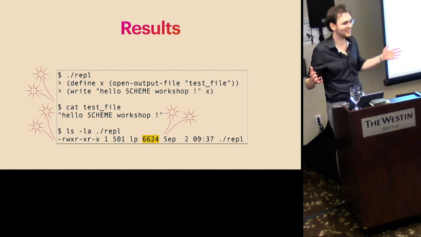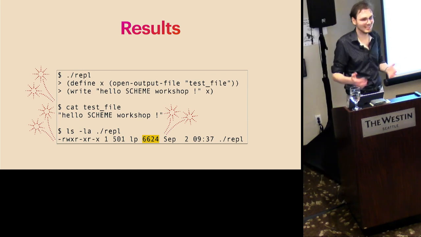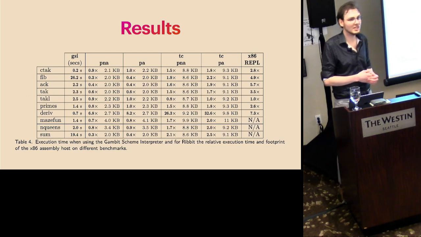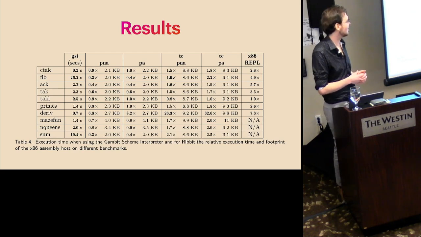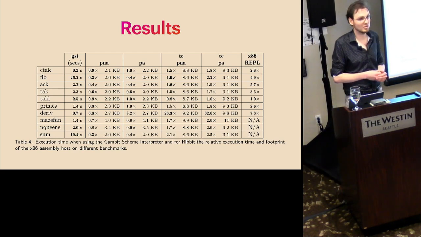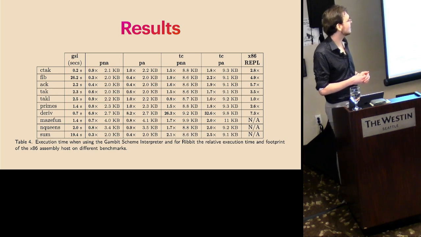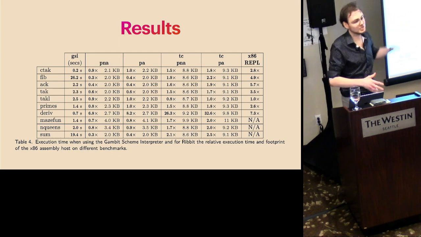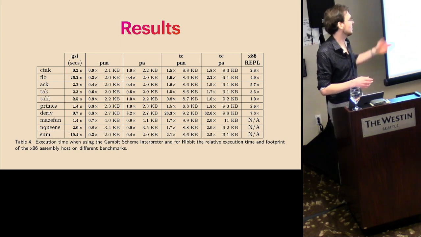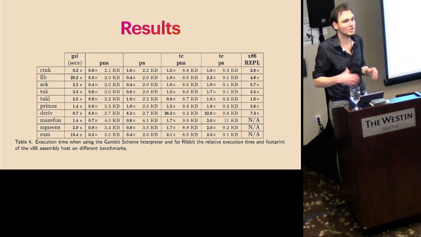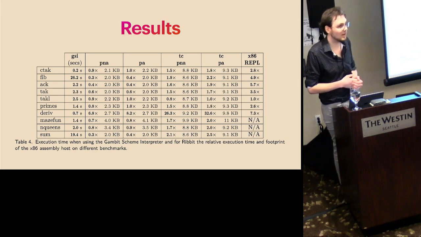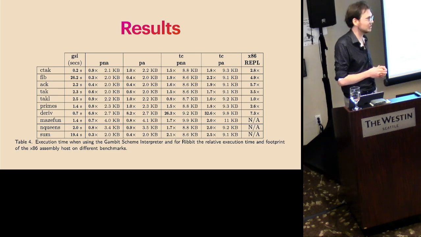You may ask yourself, is it fast? Because we did a lot of things. Is it still decently fast? It's still decent. We compared it to GSI, which is the Gambit Scheme Interpreter. As you can see, with all the optimizations, which you can see more of in the paper, for example PNA, one technique we use to make it a little bit faster, it compares pretty well to GSI.